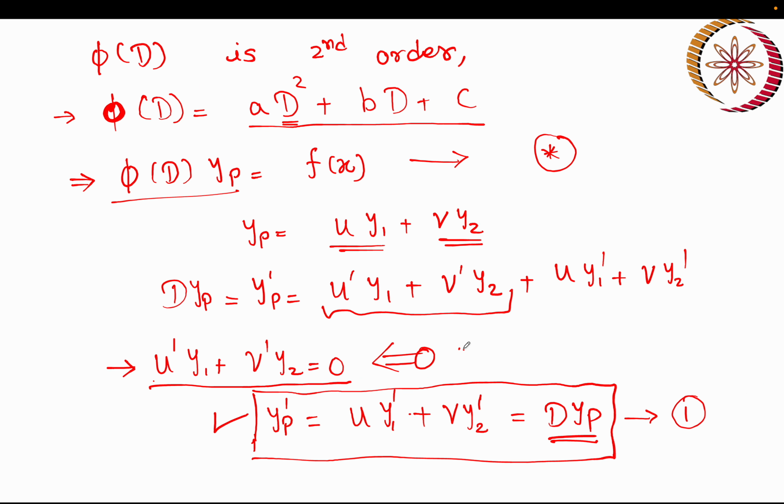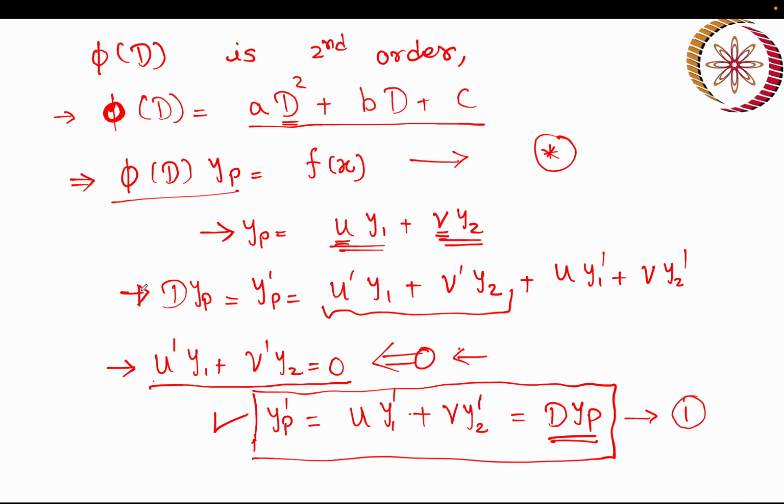This is one condition we have imposed here. What we have done is we started with a particular solution formed by using the complementary solution. Here y1 and y2 correspond to the complementary solution, but we use u and v, which are now functions of x.